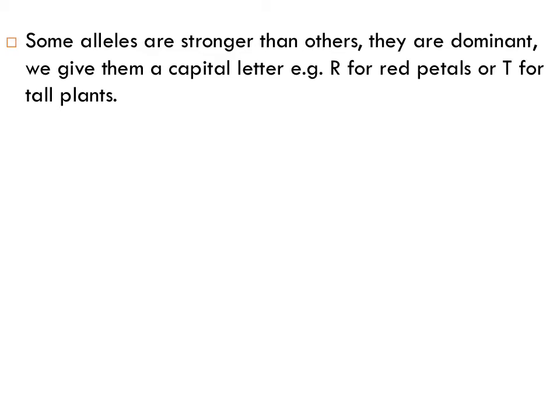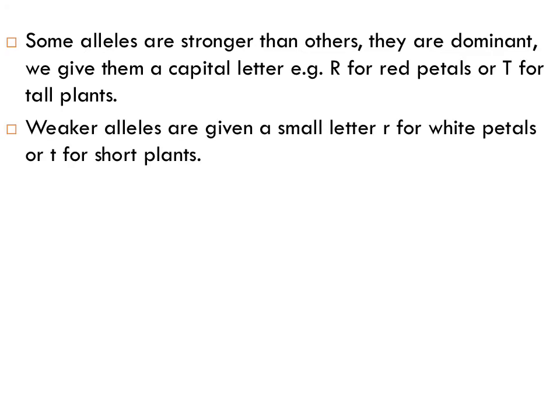So let's say that the red colored petals are dominant and the tall plants, if a plant is tall, it is tall because it has a dominant gene. So we're going to choose capital R for red colored petals and capital T for tall plants. Okay, so if we have weaker alleles, we're going to give them the same letter but a small letter. So small r is going to code for white petals and small t is going to code for short plants.